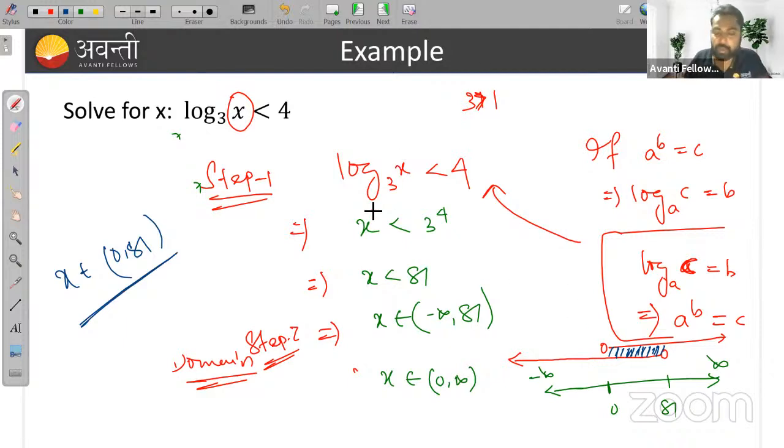Always remember, when we are converting the logarithmic inequality into exponential, x will stay on the left hand side and 3 will go to the right hand side as the base of the argument of the logarithm. Whatever is on the right hand side becomes the base, and the right side will be your power of the base. Right, okay.